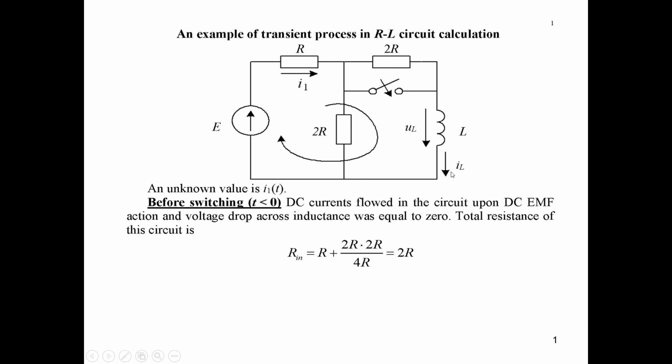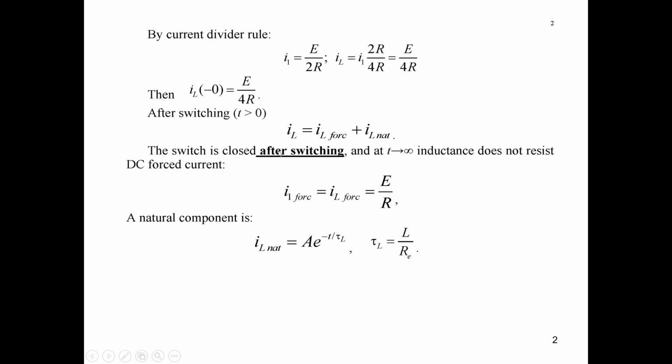So we should write all equations relative to this IL current, and we can write down that after switching IL will be equal to the sum of IL forced plus IL natural.